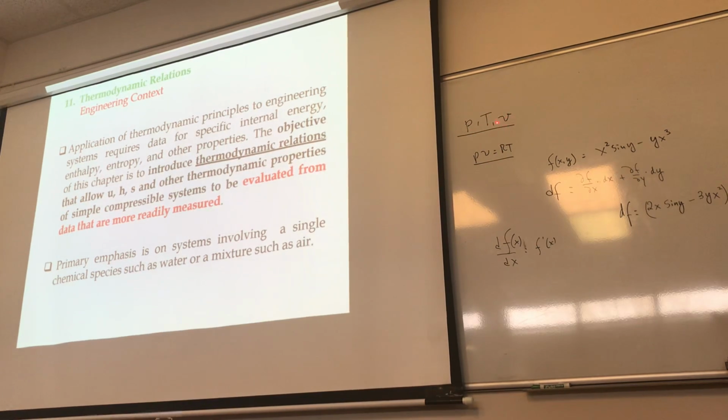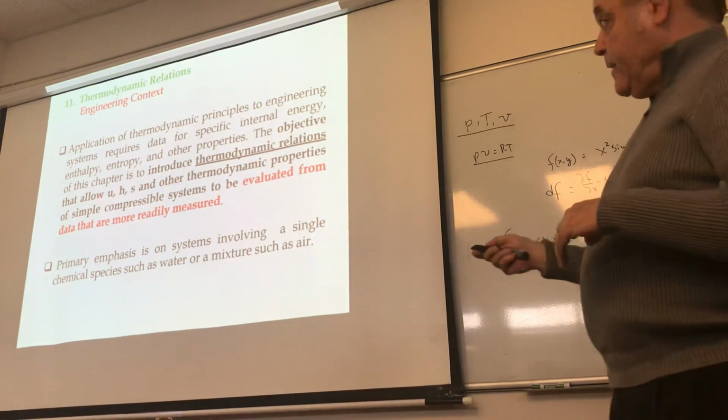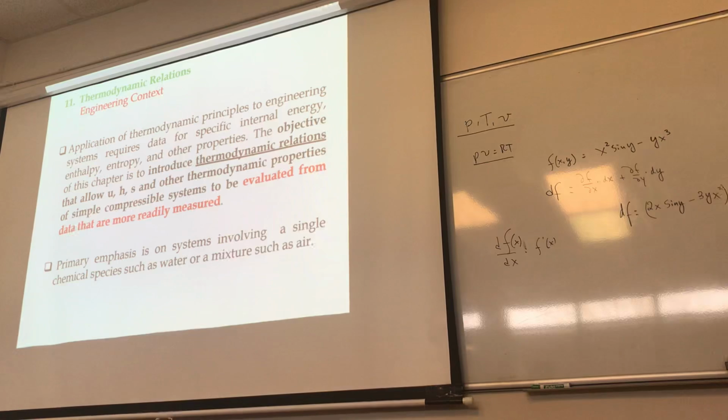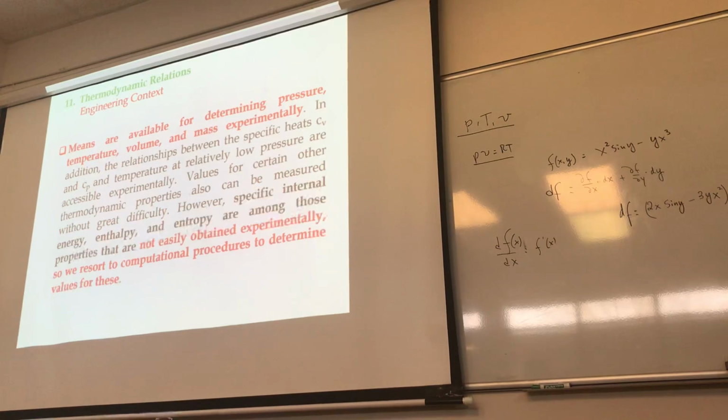Pressure, temperature, and volume. So the big question here, as we go through, is how do we get these from these? Okay, so let's start with that. It says means are available for determining pressure, temperature, volume, and mass experimentally. That means we can calculate those.